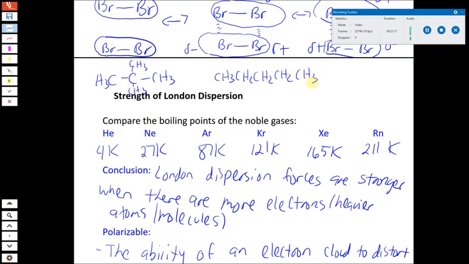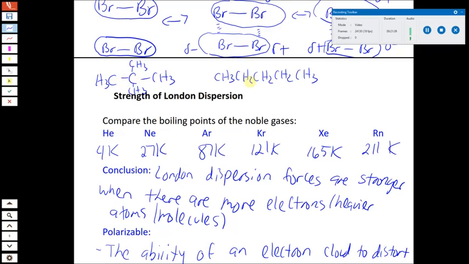So if we're comparing two molecules, these have the same chemical formula, same molar mass. One thing you're going to want to be familiar with in this section of the course is that if you have a hydrocarbon, something with just carbon and hydrogen in it, it's going to be nonpolar. So any of these are nonpolar. So these are both nonpolar molecules, which means that London dispersion forces are the only intermolecular force present.